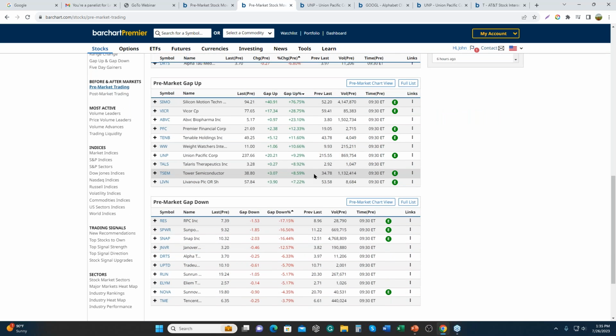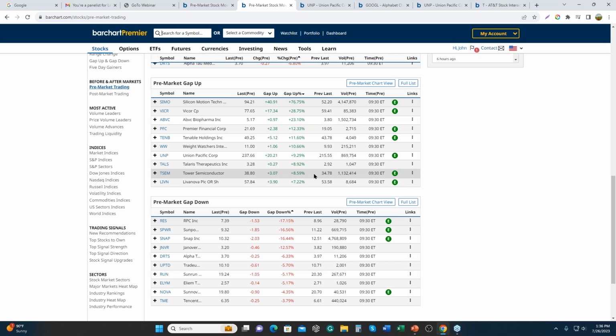Now, I talked about this inside gap, this difference between the closing price and what happens in the extended hours, the pre-market session. But this screen here is going to give us all those candidates that gapped up. And a gap up for us would be that the opening price is above the high of the previous day. And a gap down would be the opening price is below the low of the previous day. So these are all going to be those gap and go candidates.